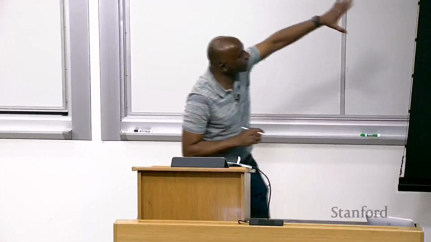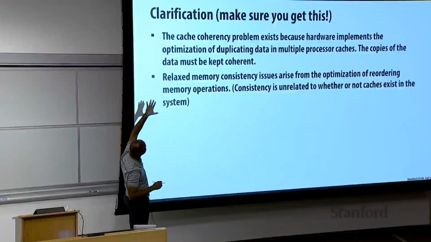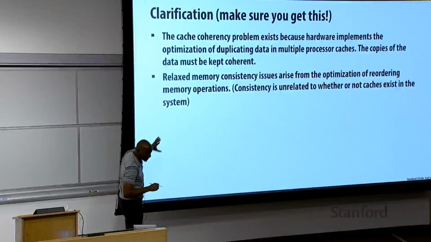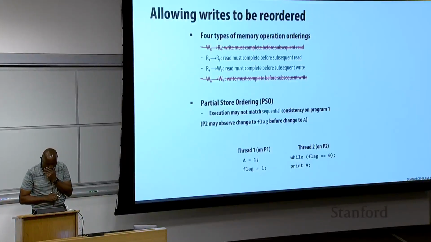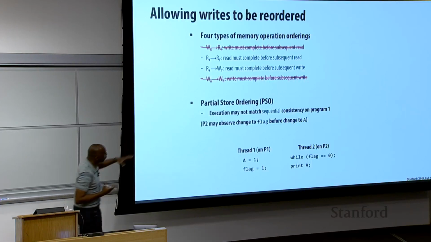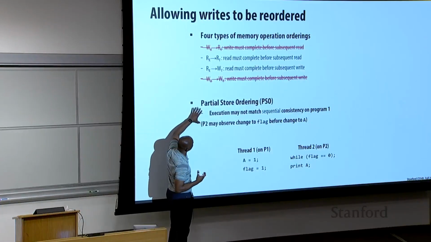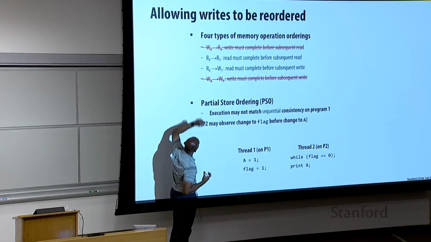So coherency because we got caches. Consistency because we need to have a way of understanding what our programs mean. We can do things that are even more aggressive than allowing reads to bypass writes.